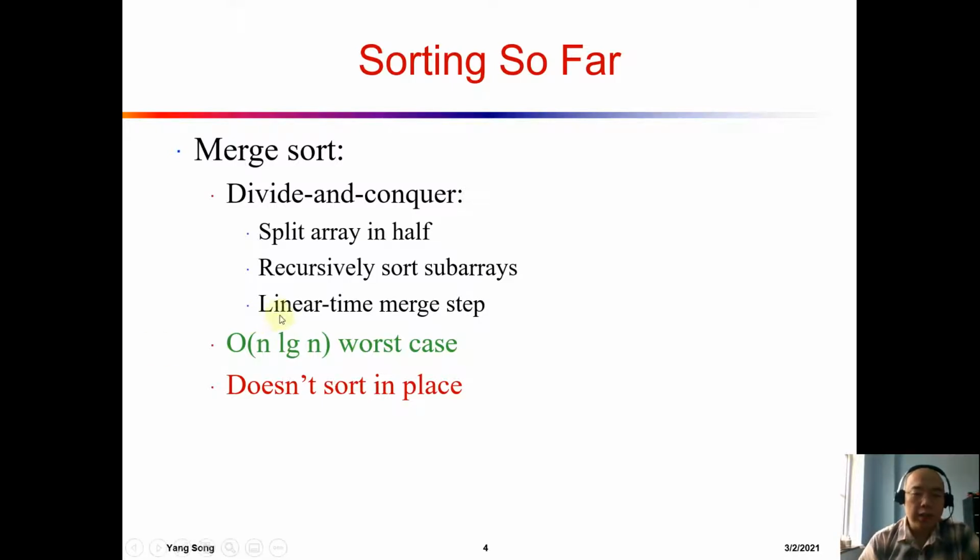So there is a linear time merge step, and I usually call that the aftermath after the recursion. We have proven that for the time complexity, even for the worst case, it will be O(n log n), and the problem is it doesn't sort in place. So that's the reason we don't like the merge sort that much.